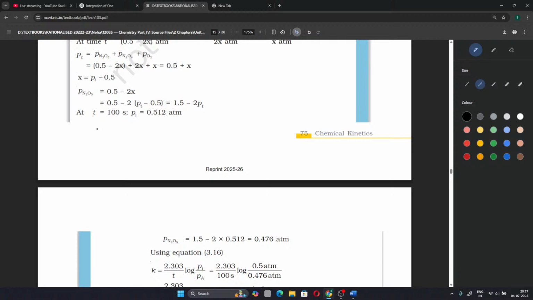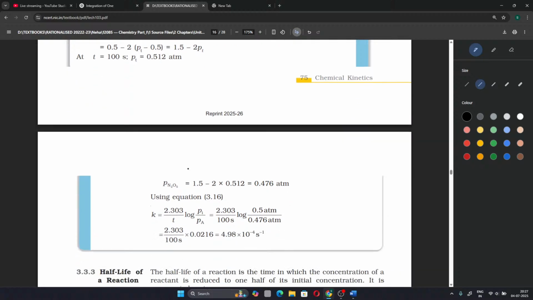At time equals 100, P total equals 0.512 atm. Substitute the value in this equation and we will get 0.476 atm as the partial pressure of dinitrogen pentaoxide.